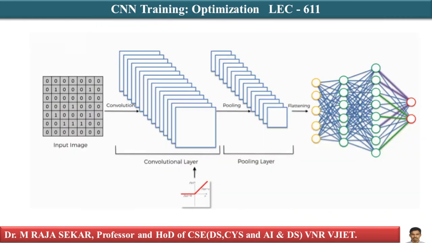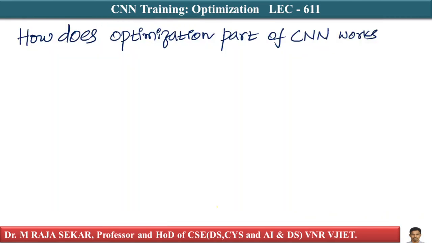So, now the big question here is, how does the optimization part of a convolutional neural network work?